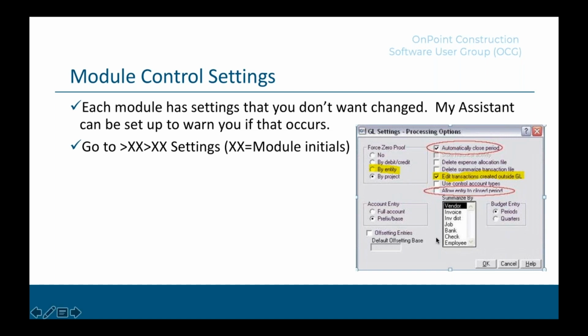So you go to whatever module, and then that module's settings. Here we want automatically closed period to be set with the check mark, and allow entry to a closed period not checked.